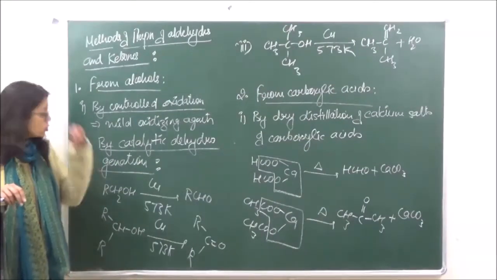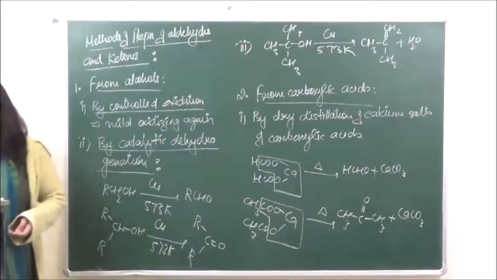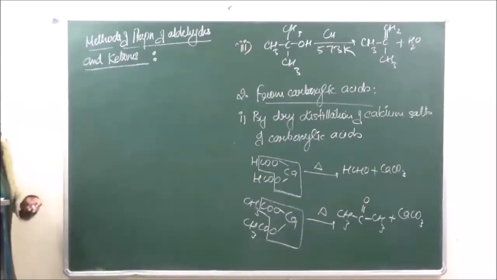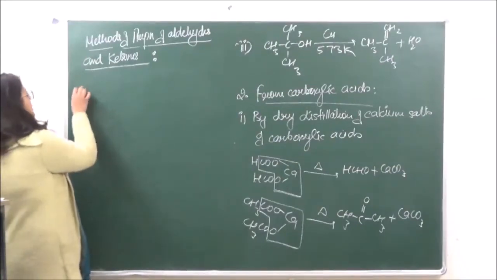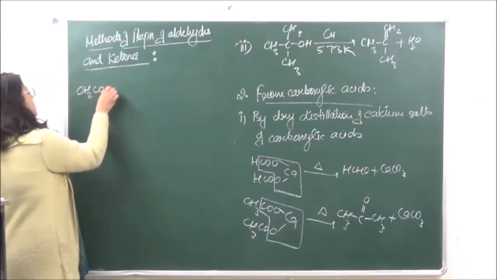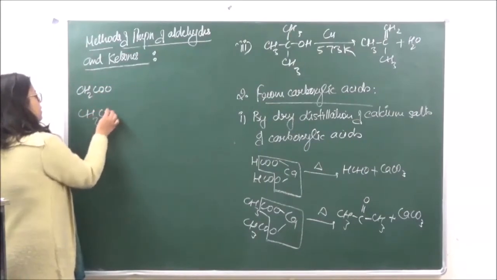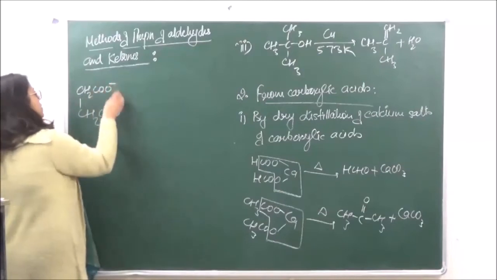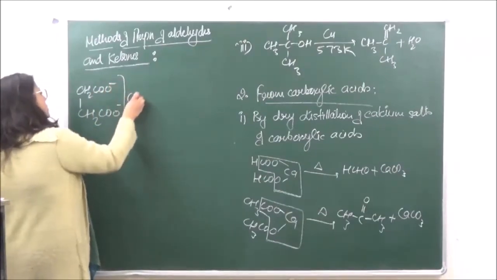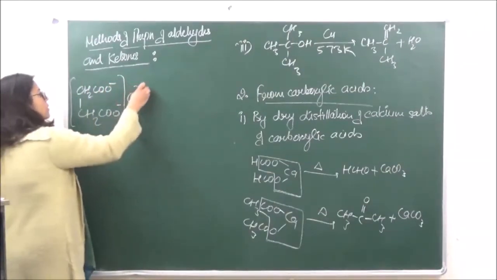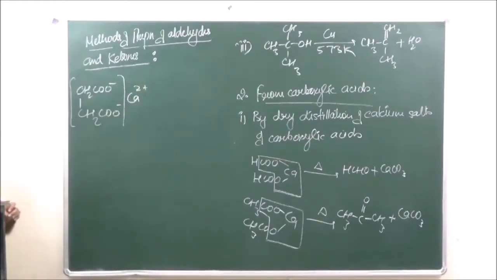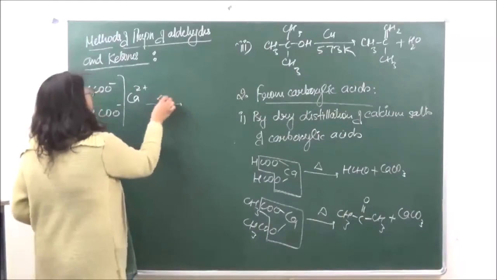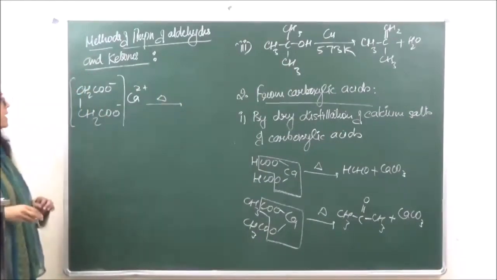Cyclic ketones may also be formed if we are taking calcium salts of dicarboxylic acids. We are taking over here calcium succinate. This is going to be calcium succinate. This is going to give us a cyclic ketone.